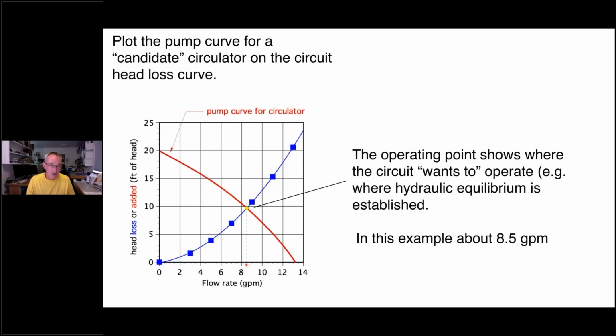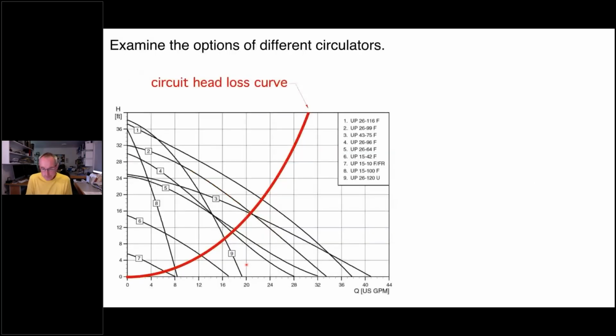And the next slide here is typical of the literature that you would find, or if you go to their website, you'll find a family of pump curves. This happens to be for Grundfos, and here are all the different model numbers for these pumps. Each model number has another number assigned to it on the curve.